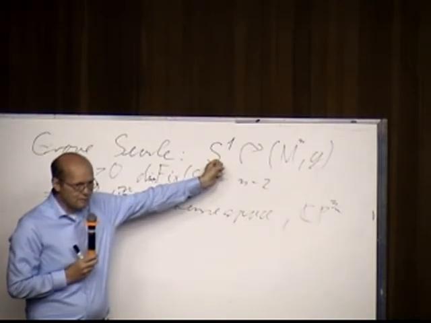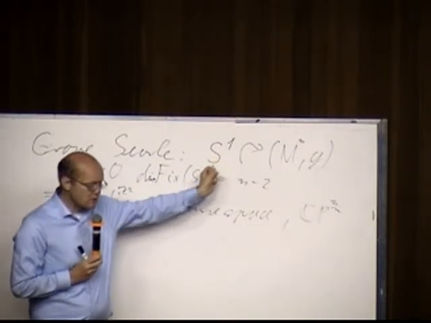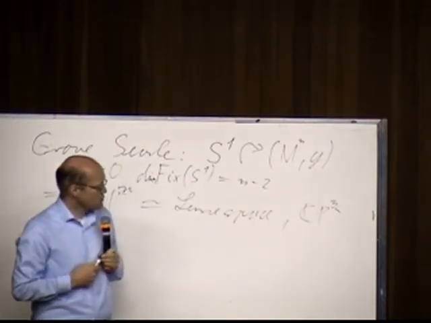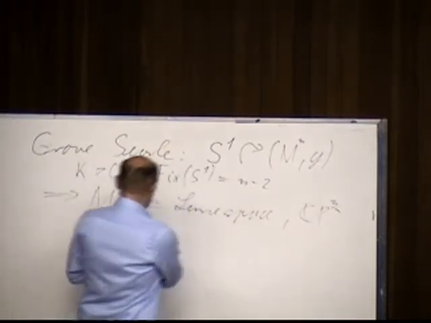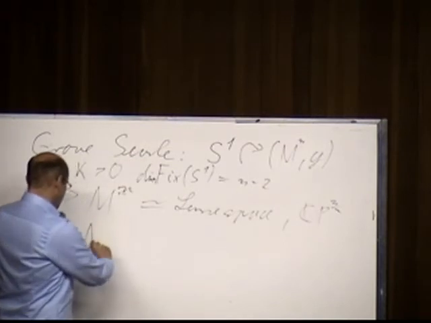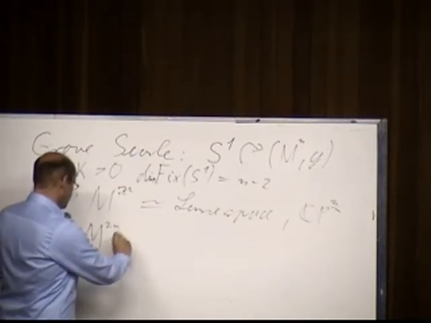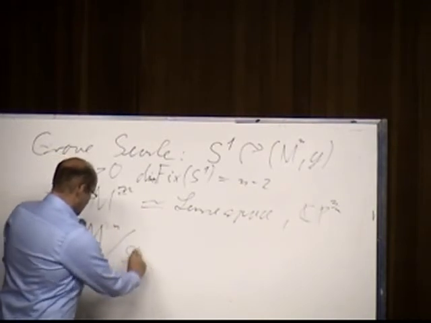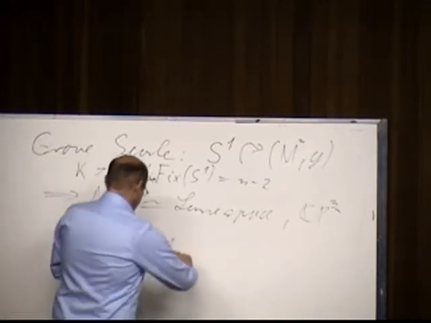It's a very, very strong assumption to assume that the fixed point set has dimension n minus 2, because what you can use then is that the manifold, so the key technique here, is to use that the quotient space has boundary.